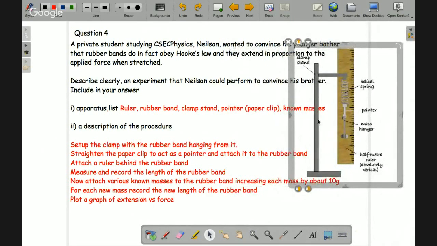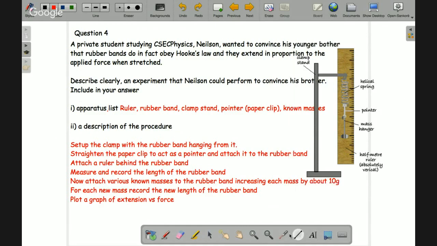So we have the clamp and we have the rubber band hanging from the clamp, right? And then we straighten a paper clip to act as a pointer and we have attached it to the rubber band, right? And then you want to attach the ruler behind the rubber band. Now you want to measure and record the length of the rubber band.